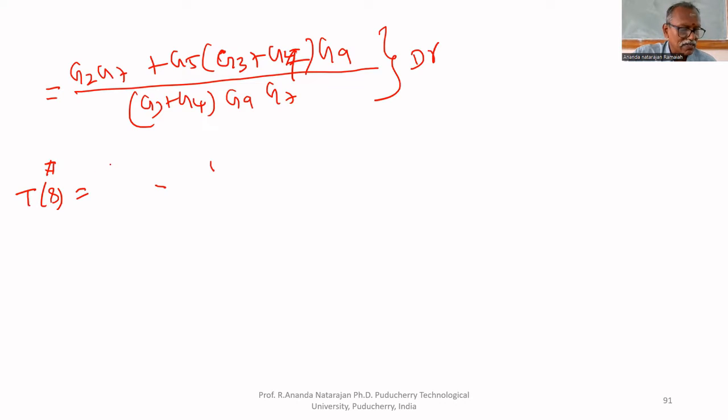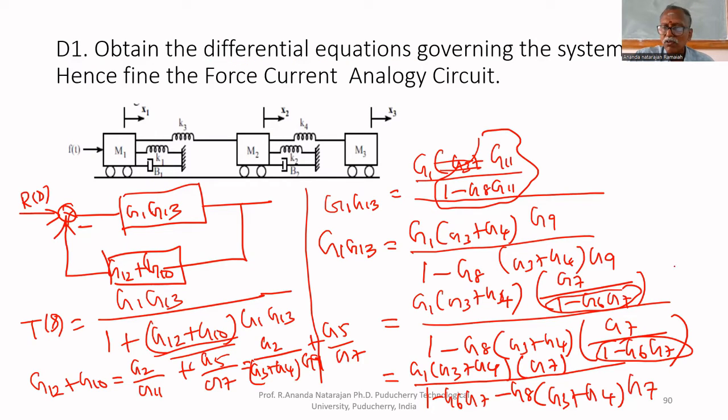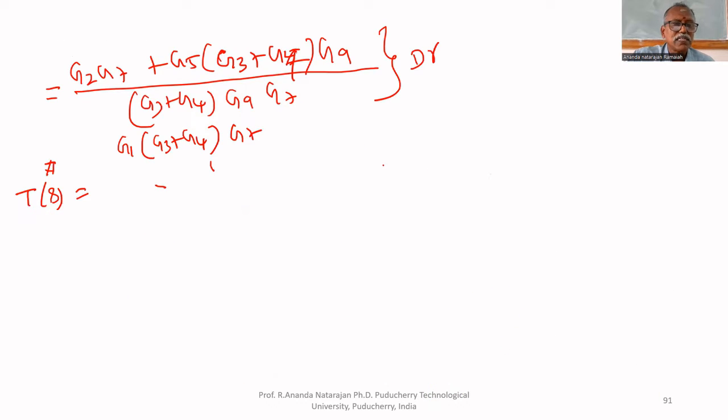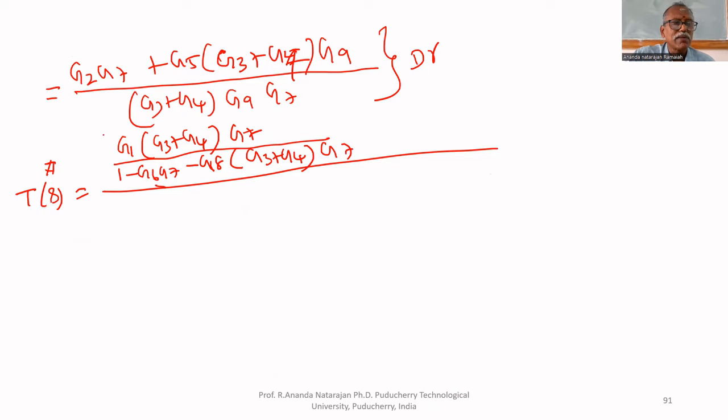If you substitute that in the transfer function, you will get G1 times G3 plus G4 times G7, that is for the numerator, divided by 1 minus G6 G7 minus G8 times G3 plus G4 times G7.